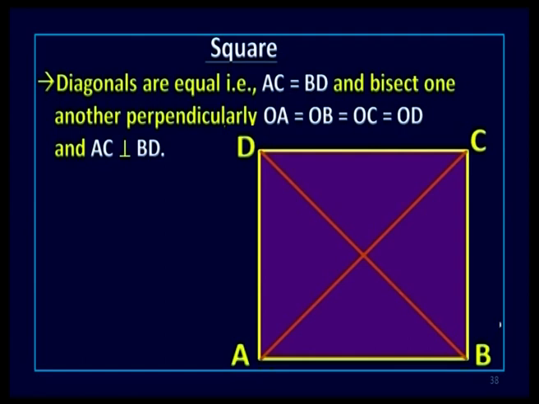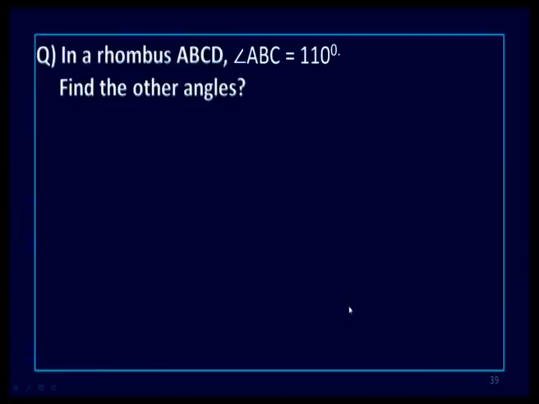OA equal to OC and OB equal to OD. But the diagonals are equal. So, I can say that OA equal to OB equal to OC equal to OD. So, from this what can you understand, children? Yes, in a square the diagonals are equal and perpendicular to each other and at the same time bisect one another.